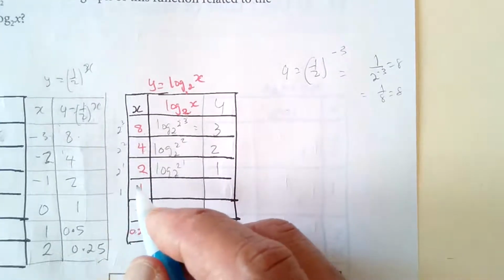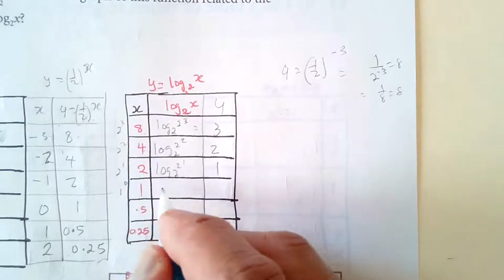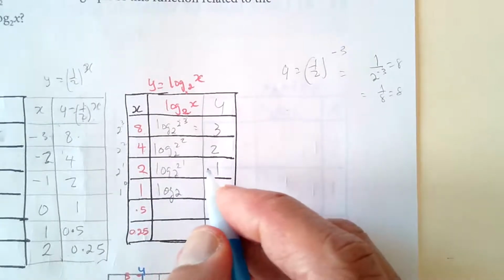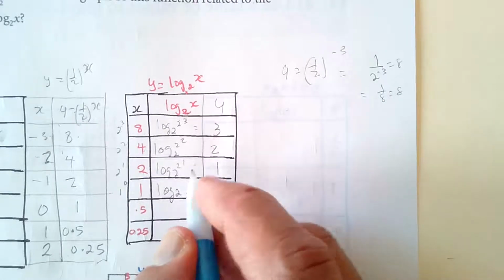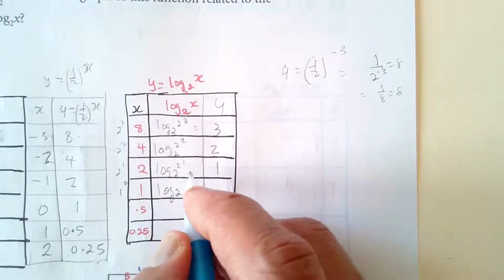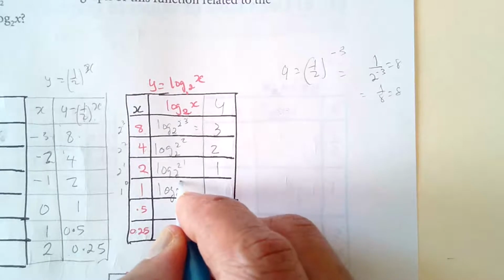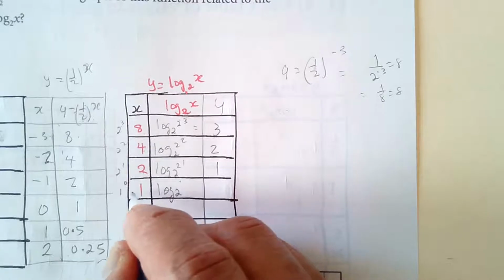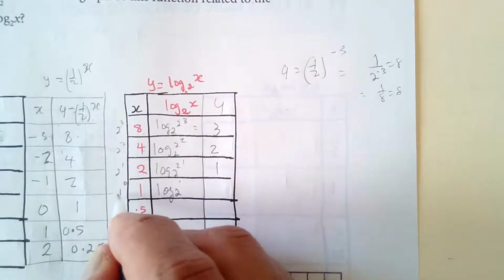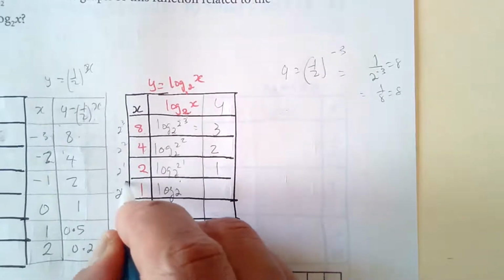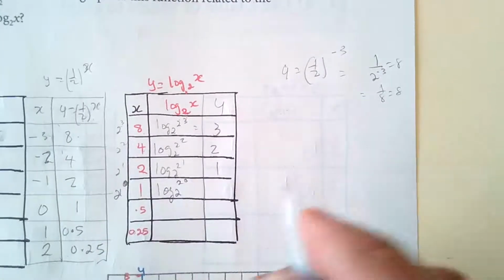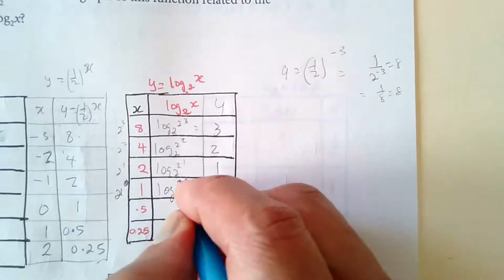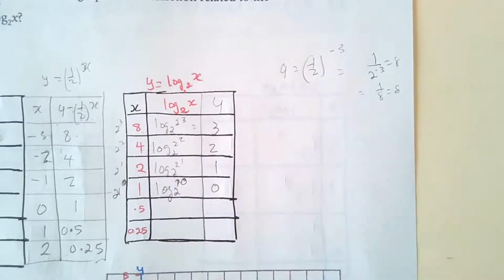Then 1 can be written as 2 to the power 0. Okay, no, it's 1 to the power 0, isn't it? It could be 0 here.